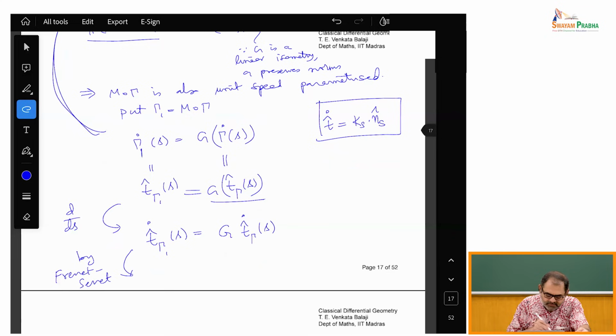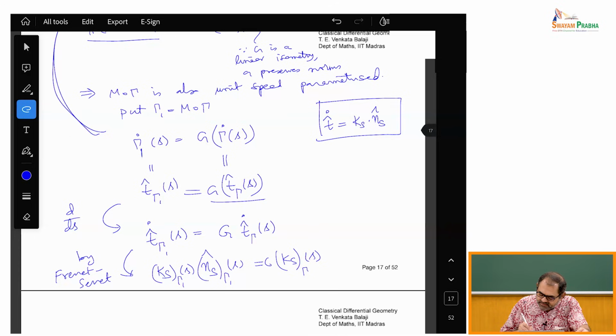The scalar is the signed curvature, so I should write k_s sub gamma 1 of s times n_s sub gamma 1 of s cap, okay, that is equal to k_s sub gamma of s on the right side, and there is a G here outside, let me not forget that, and I will have n_s hat gamma of s, okay. So this is what I will get, okay. So this is by the Frenet-Serret, okay.